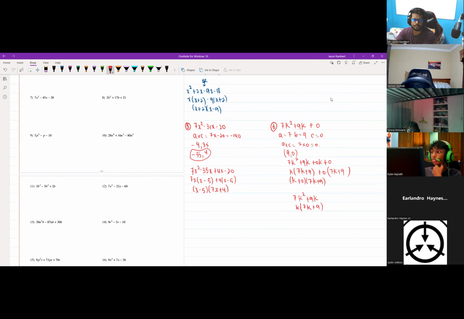Okay? So only if there's an absence of c, or if the value of c is equal to 0, then I can factorize a quadratic using regular factorization. Pulling out the common term, dividing each of the terms by that common term to figure out what's going inside the brackets. Do you all understand that?